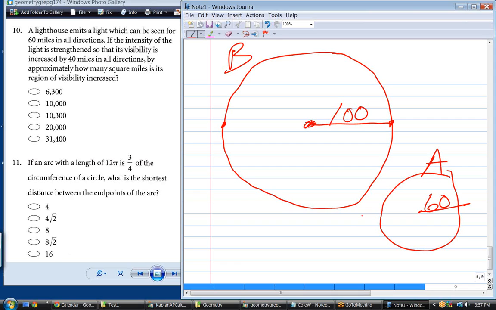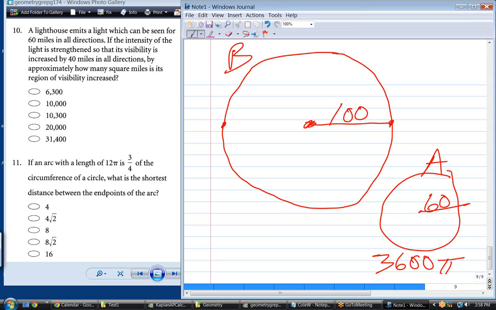So what's the area of this one over here? 60 squared. Let me pull out my calculator real quick. You don't need your calculator. What's 6 squared? 360. Well, it's 36, and then you need 2 zeros to handle the square. So it's 3,600 pi.